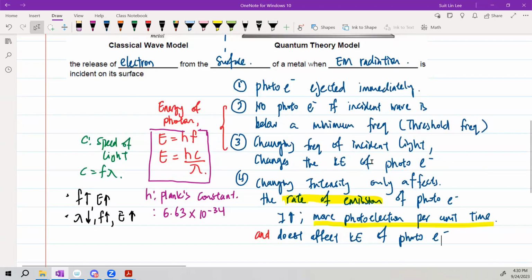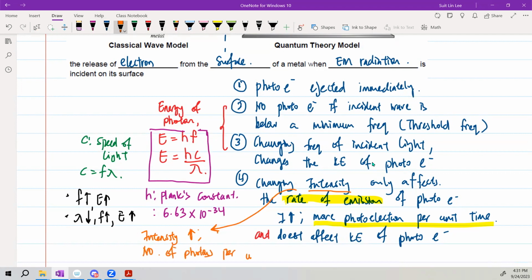But if I increase the intensity, intensity only affects the number of photons. So think about intensity here: intensity increases, number of photons per unit time increases.